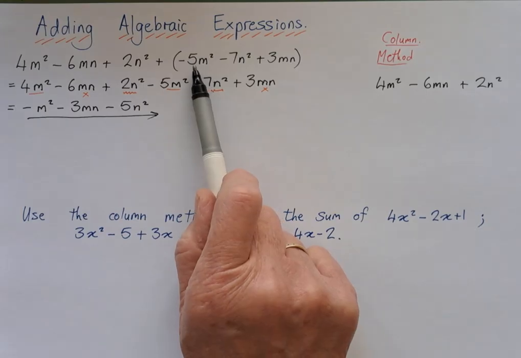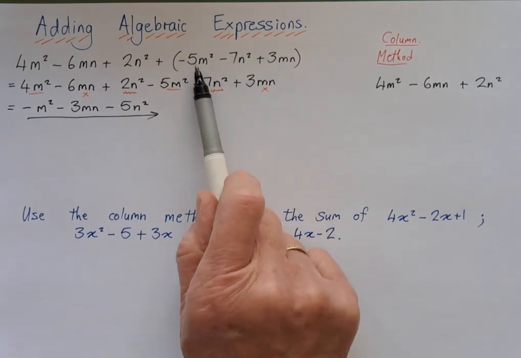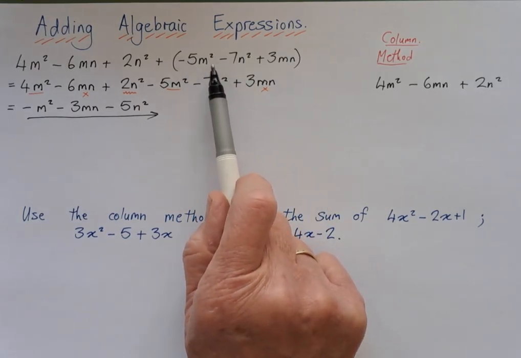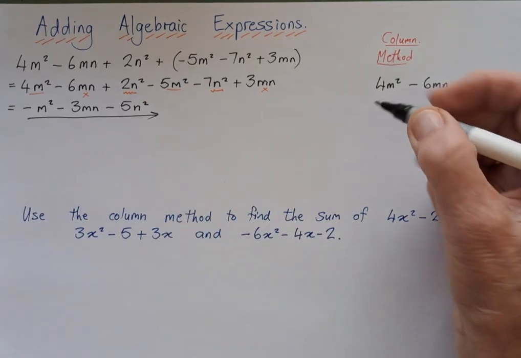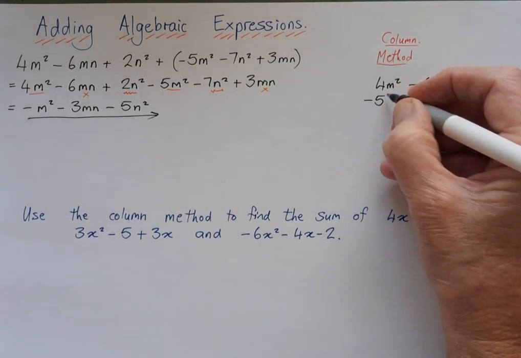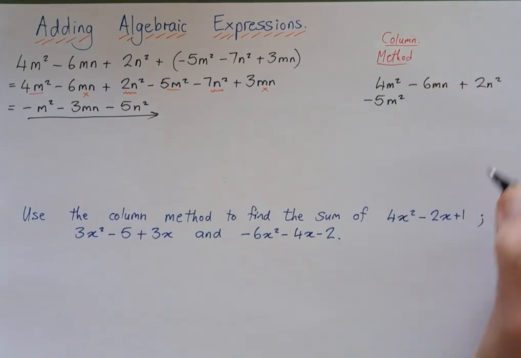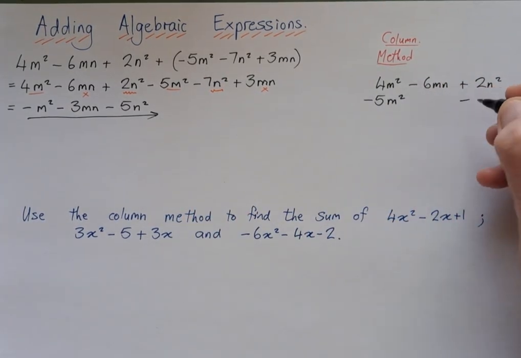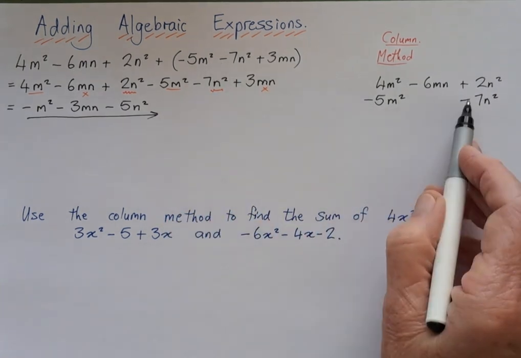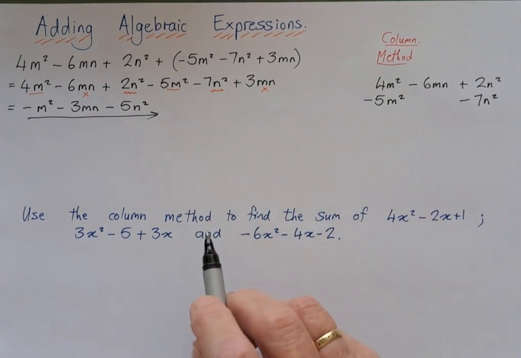So when I write this expression down, I need to make sure that each term is underneath the like term. So I've got a negative 5m squared, which I'm going to write underneath this m squared term. Then that term needs to go over there, so that will be negative 7n squared, and make sure you take its sign across with it. That's a very common mistake that people make.